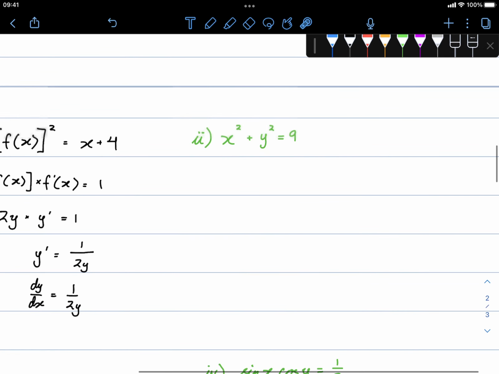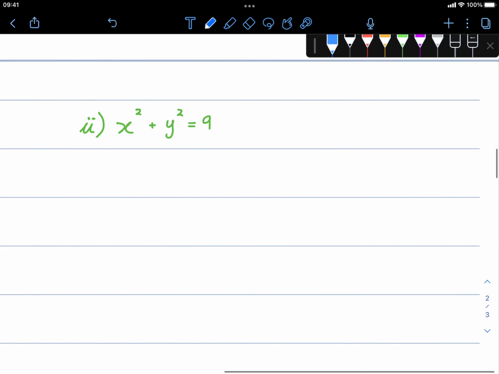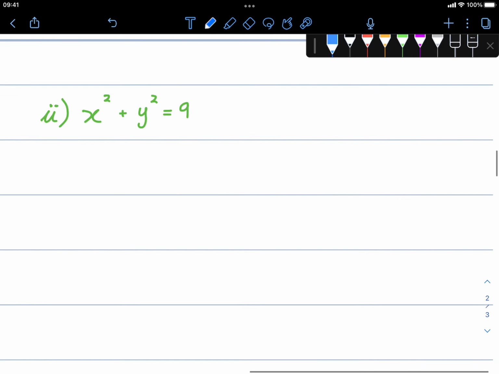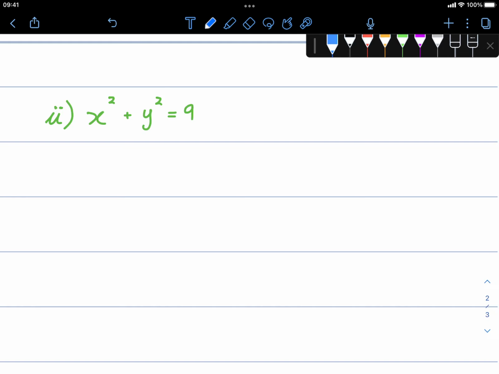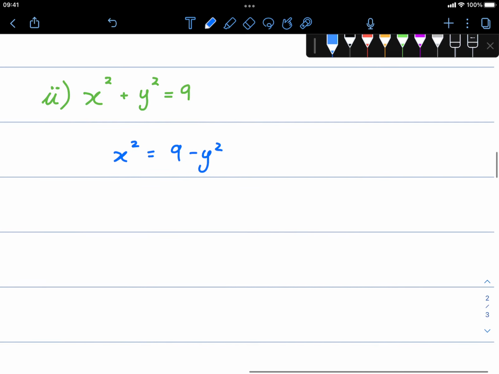With the first way, we have to isolate x's and y's on the left and the right hand side. For this, just for the fun of it, I'm going to move y to the right-hand side. You could try it with x, and we must get the exact same answer, but let's go with this one. So it'll be x squared equals 9 minus y squared. The left-hand side, I differentiate with respect to x, so it's 2x dx.